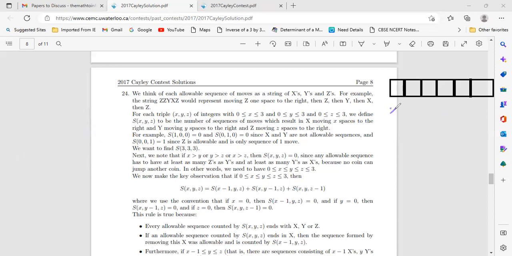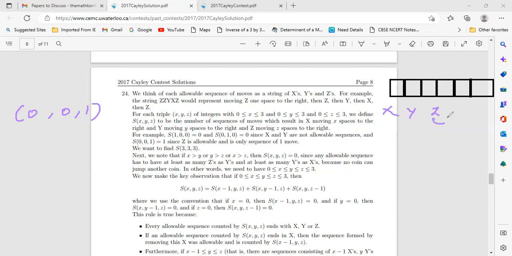And if you try to move Y alone without moving a Z also, it is not possible, right? So 0 comma 1 comma 0 is also not possible, which is why you have 0 here. So since X and Y are not allowable sequences, we can say Z is allowable, right? Yeah.